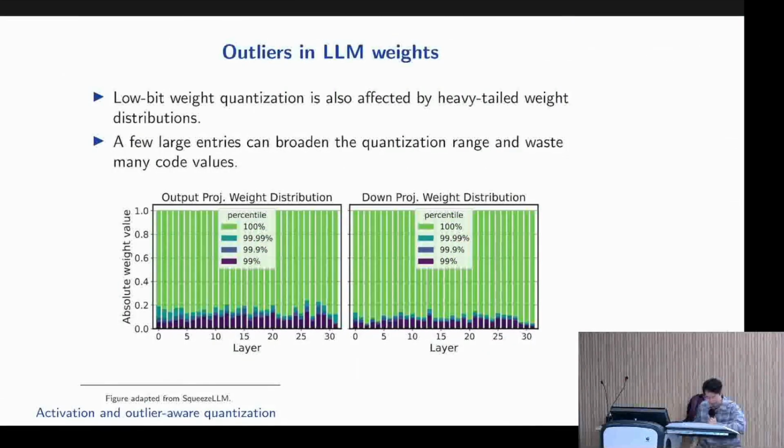Yeah, so let's look at this figure. For these two matrices, output projection and down projection, if we look at the absolute weight value, 99% of the weight, 99.9%, 99.99%, they're all close to zero.